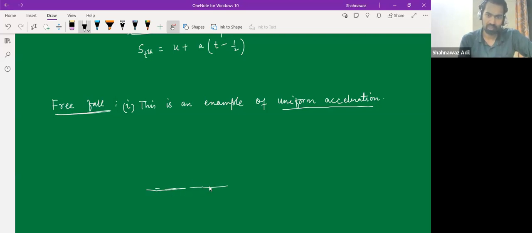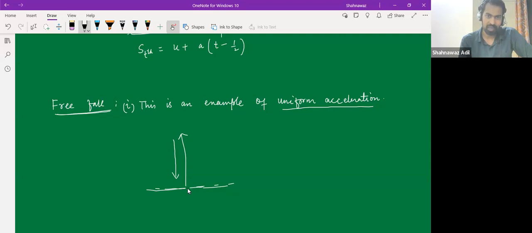So let's say this is the surface of the earth and you throw some object. The earth is pulling it downwards, and you are throwing the object in the upward direction with some initial velocity.